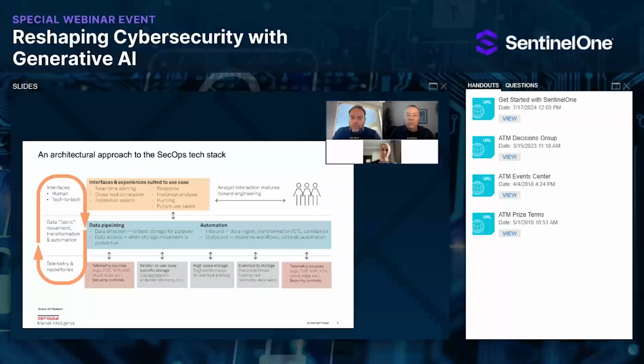There's a difference between a SOC analyst and someone to whom threat investigation is escalated. There's a difference between the threat hunter and someone who's responding to threats in the operational environment in as close to real time as possible. There's the issue of connecting the telemetry with those experiences for the specific use case. And as clearly we're suggesting in the title of this session here, there's certainly a need for automation.